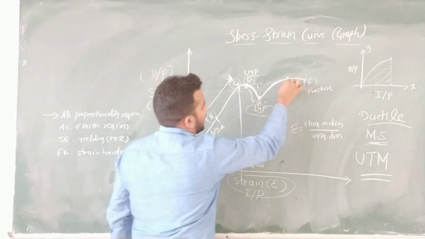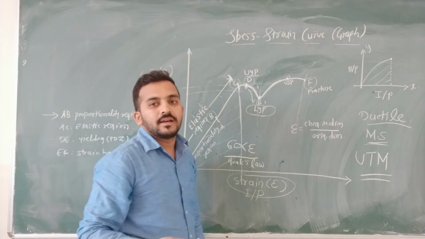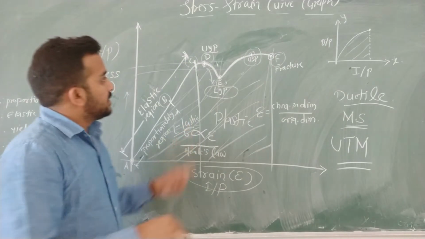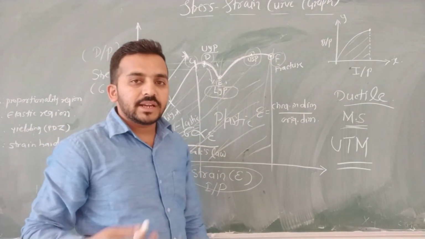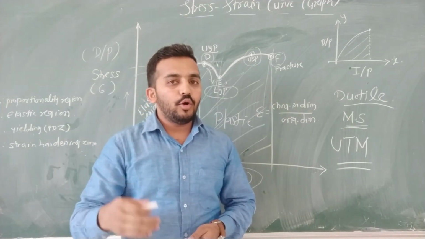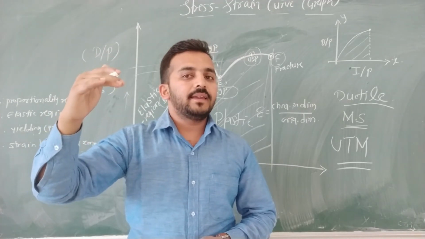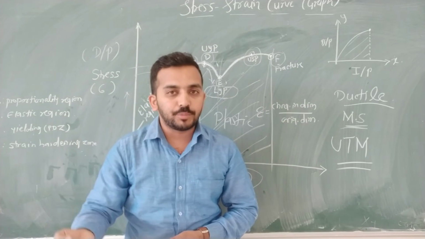Now here it is written USP. This USP is called the ultimate strength point. What is the ultimate strength of a component? If you apply a load beyond a particular limit, the component will break or be unable to function properly.